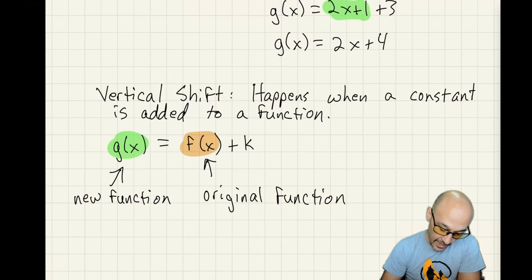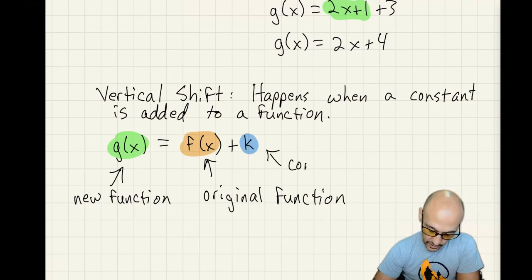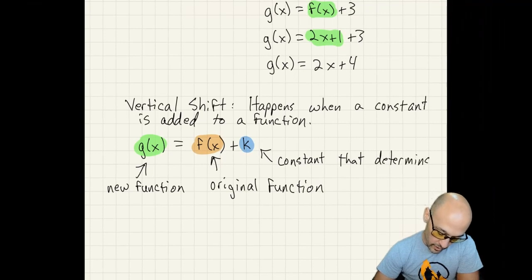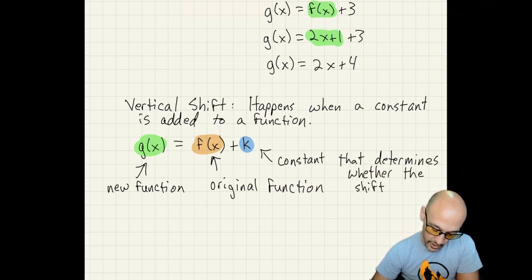And in this case, k is the constant that determines whether the shift is up or down.